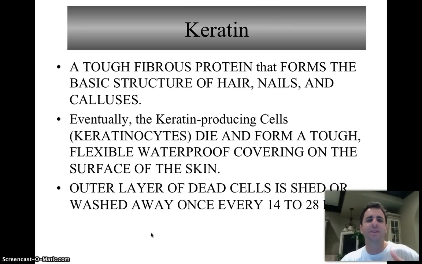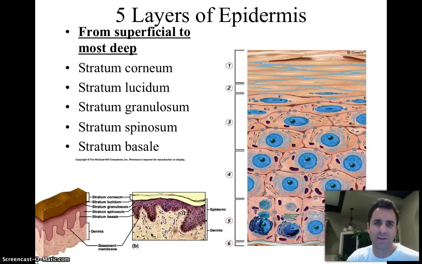And the keratinocytes are the cells that produce the keratin, that are going to die and then form that tough barrier. And just to give you an idea, every 2 to 4 weeks you lose your epidermis, your skin, and refresh the new ones coming in. So all the time you're losing cells, and making new ones.